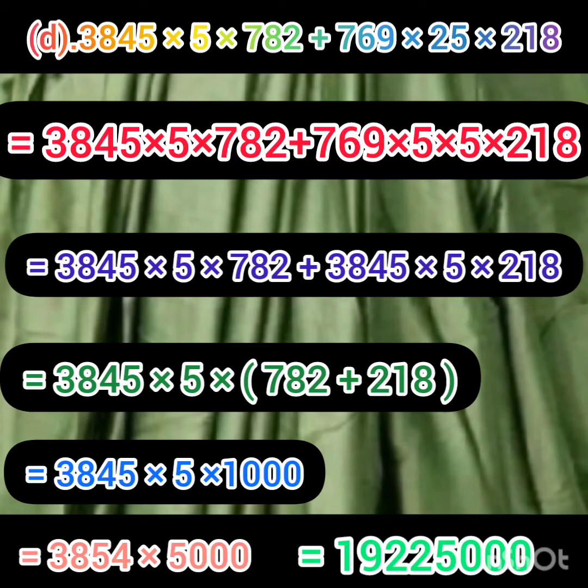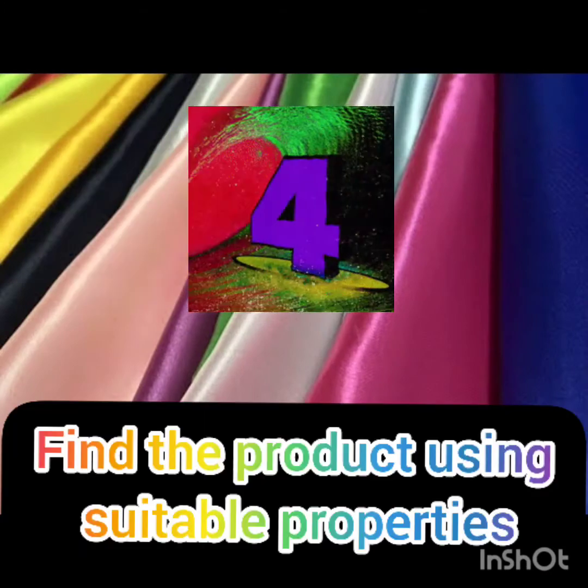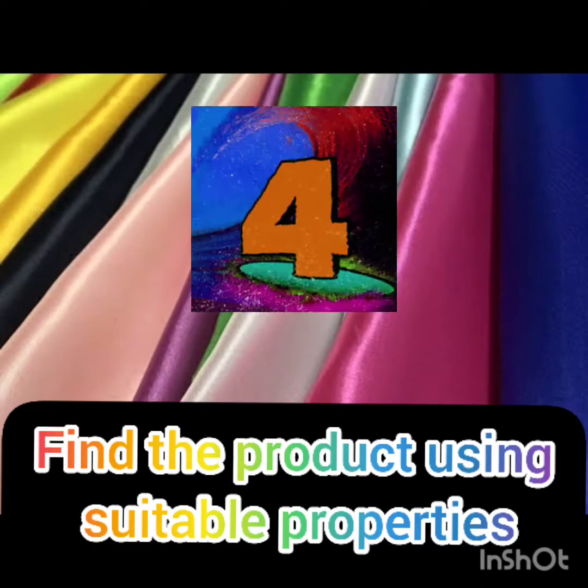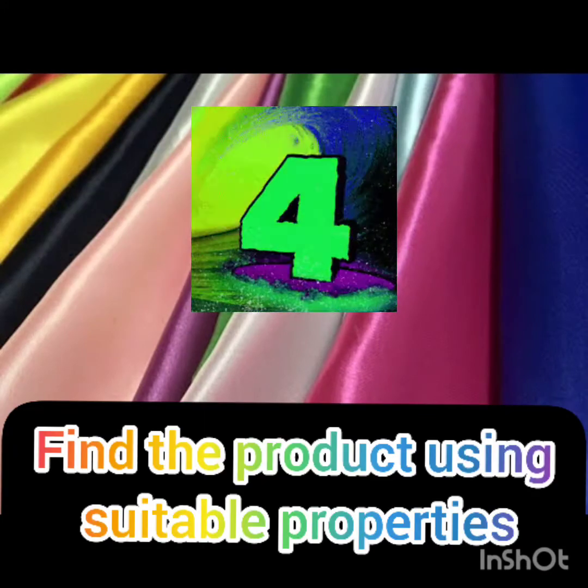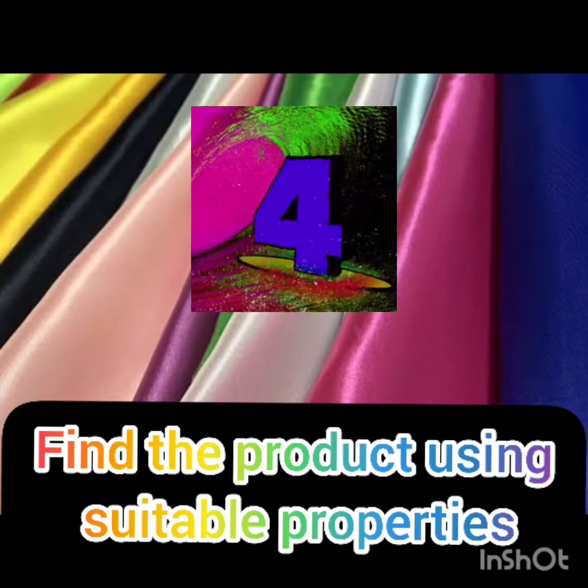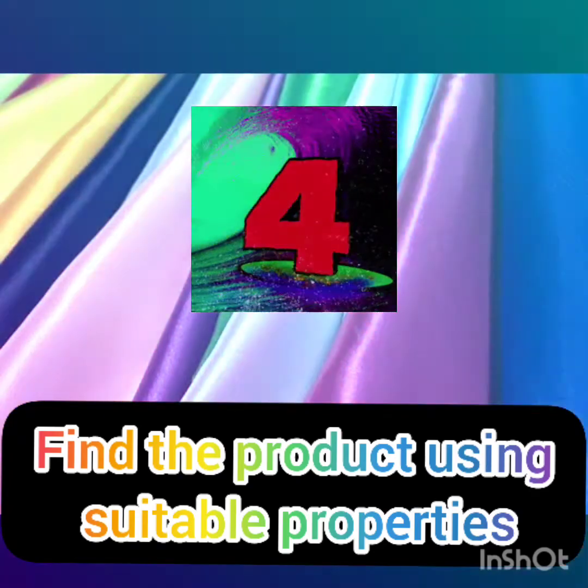So the multiplication of 3,845 with 5,000 gives the result 1,92,25,000.